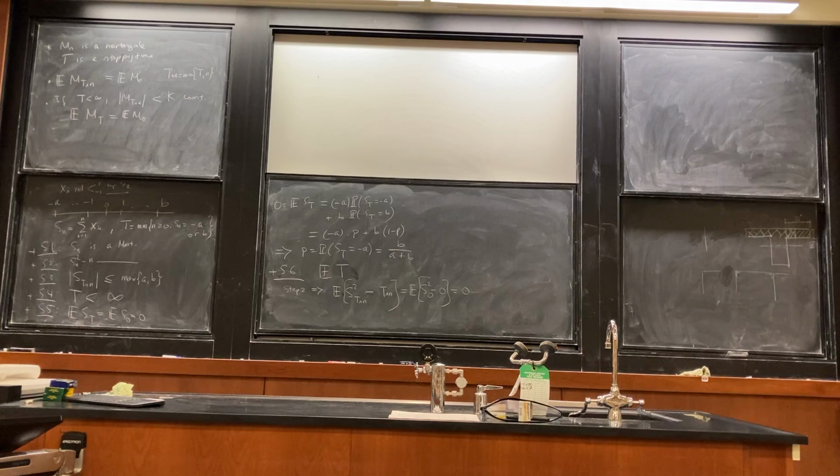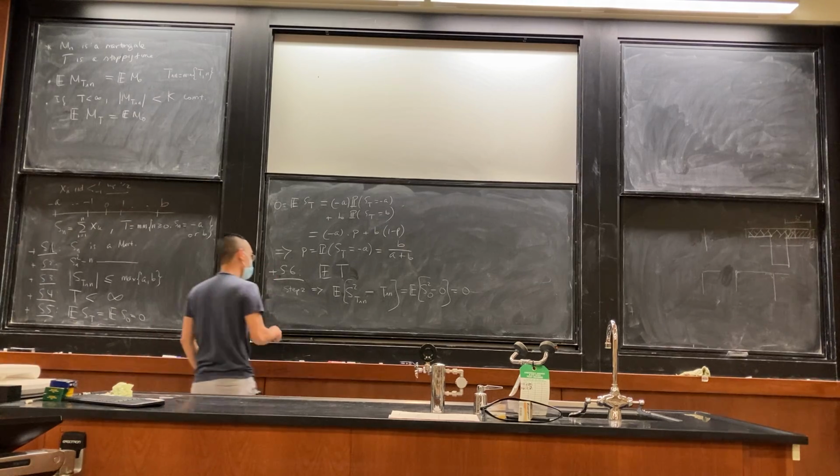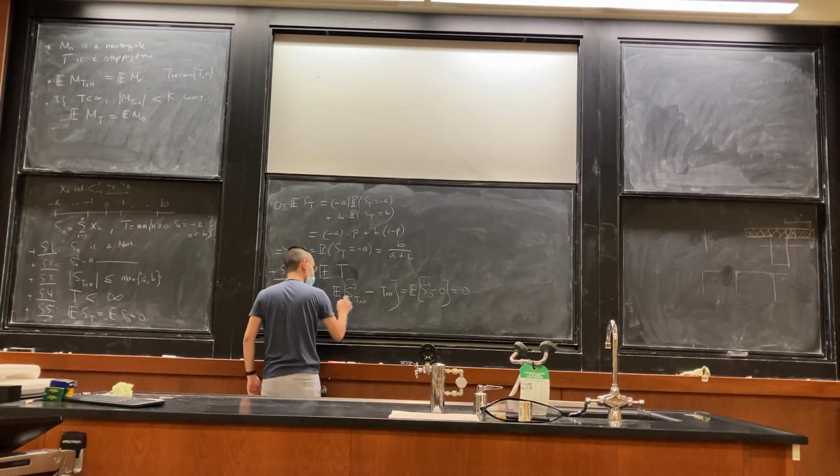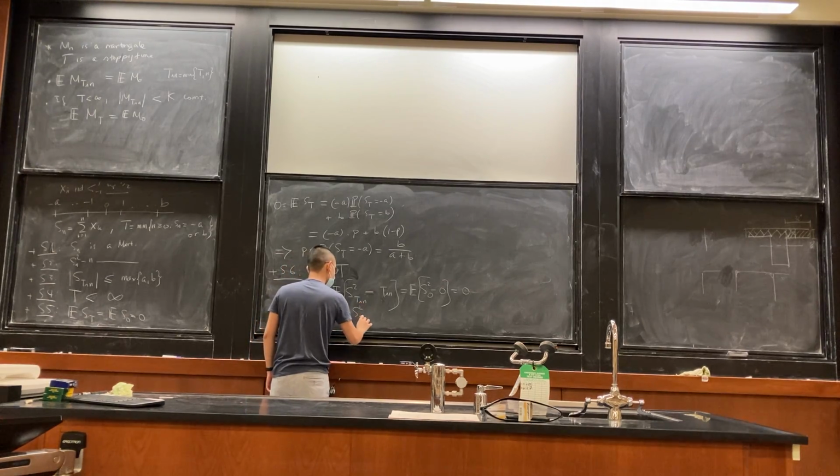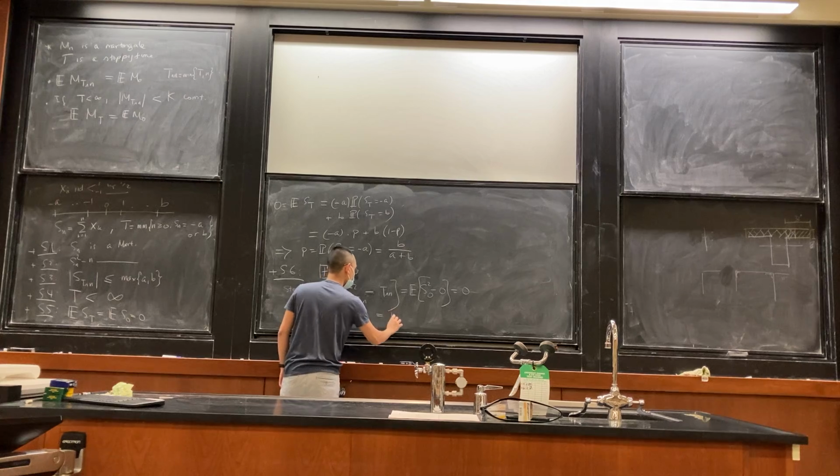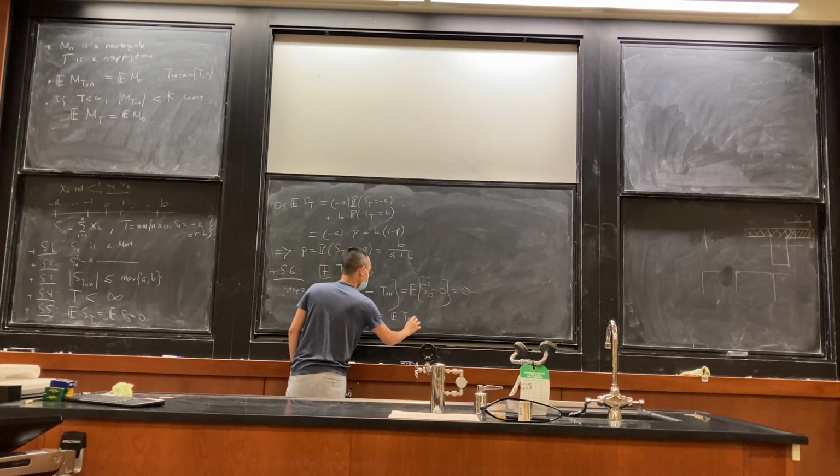And then we can bring the T mean N to the other side. That tells me this: the expected value of S squared at T mean N is equal to the expected value of T mean N.